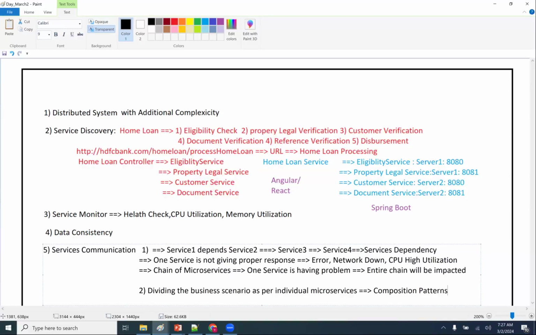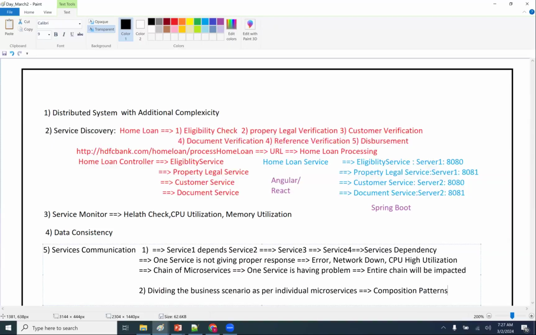Sir, in a home loan example, I know that eligibility check, legal verification, customer verification, document verification, reference verification, and disbursement is a process for one scenario. But in banking, a lot of scenarios are there. Every scenario I cannot make one service.